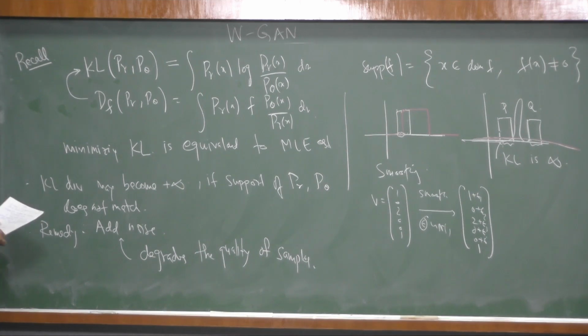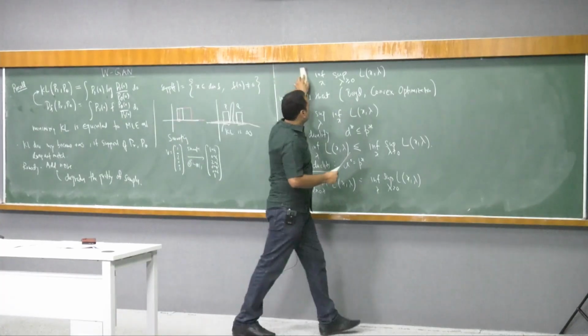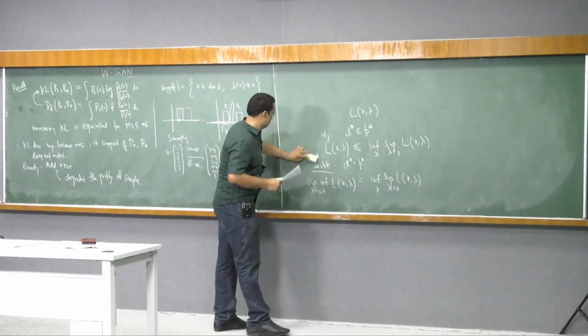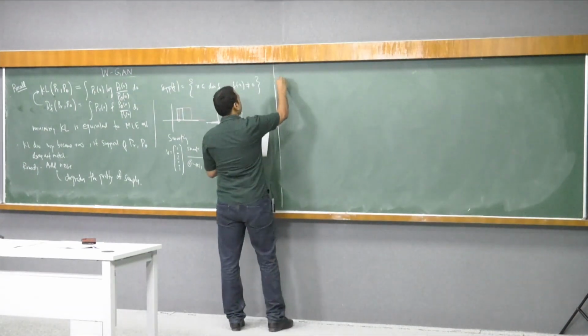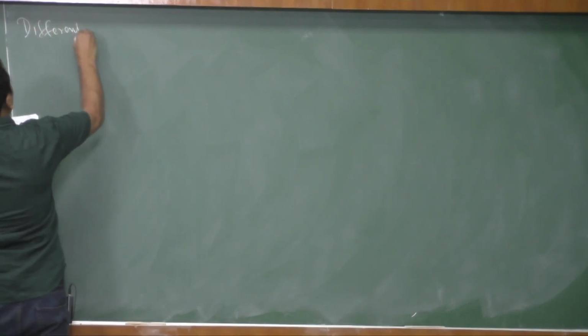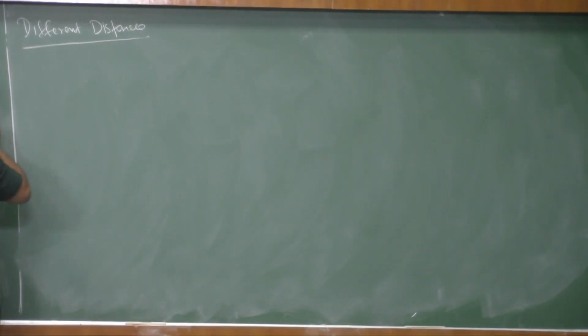So now let us look into WGAN. Okay, so what is the measure of the WGAN? Different distances. Just a quick recall that there are many others, but KL we have already seen, and Jensen's divergence we have already seen.